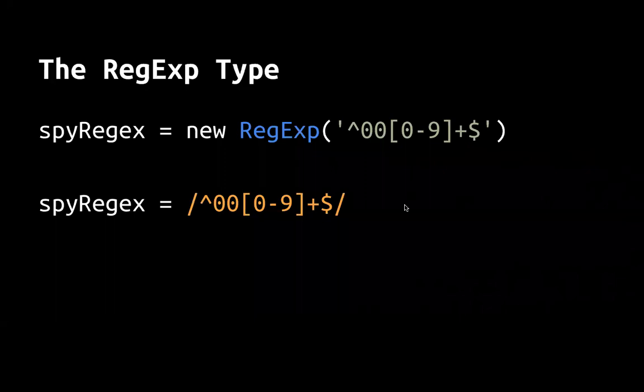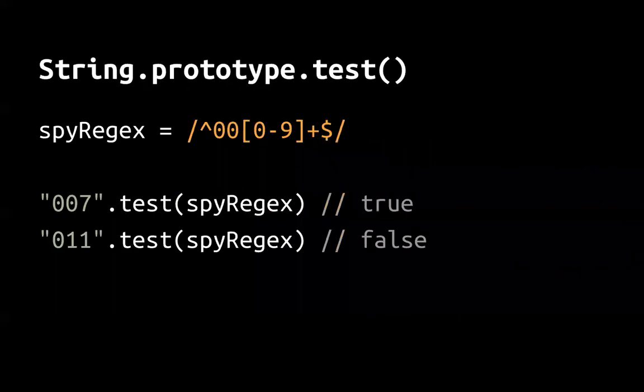Once you have a regular expression object, you can do lots of things with it. The two that I'm going to talk about in this talk are both string methods. It turns out that strings have methods that accept regular expressions and do things with them. If I take the string 007, I could call the test method on it, pass it a regular expression object, and it will return true or false depending on whether that regular expression matches, or recognizes, that string.